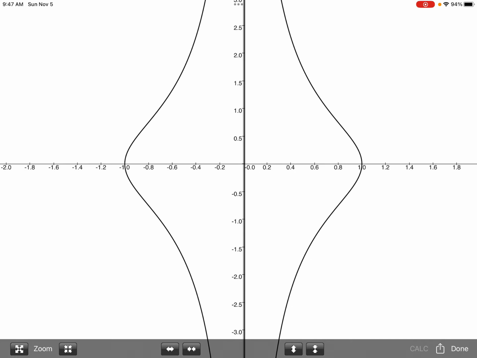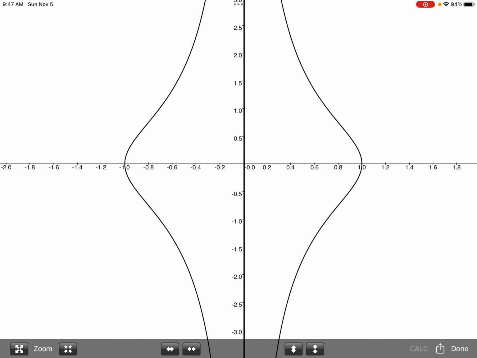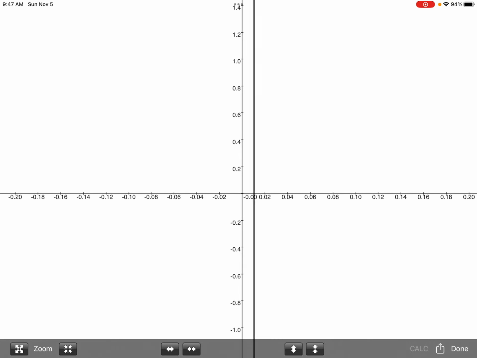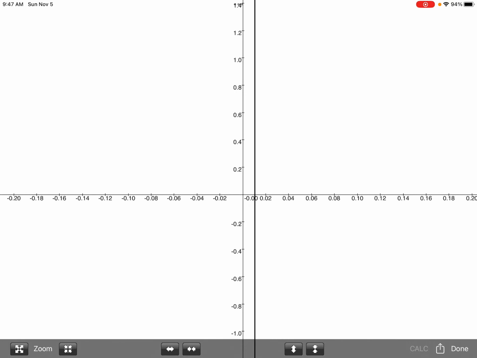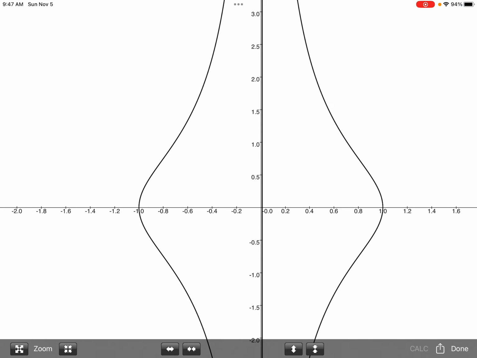Okay, so on the graphing calculator, it actually made a mistake. So the graph over here, the right side is good, the left side is good, but then it has this line in the middle, which is not supposed to be there. The reason I believe that line is not supposed to be there is because the y value is tangent.